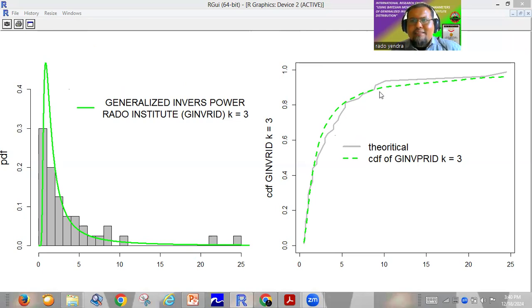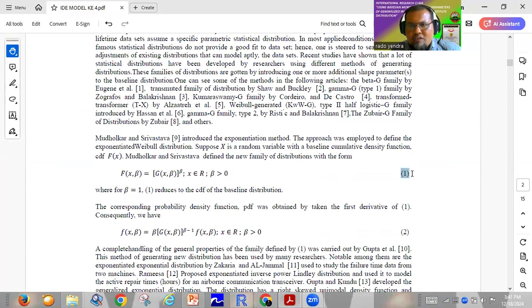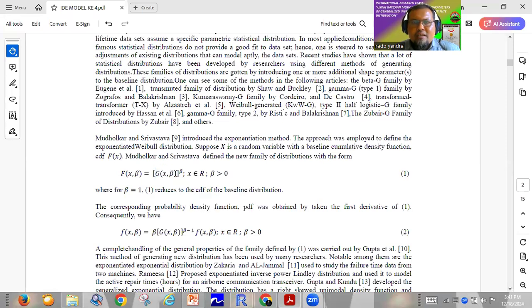The green one is the cumulative distribution function using the formula like in equation 1. Equation 1 is the cumulative distribution function. If we use G(x) here as the cumulative distribution function of the inverse power Rado Institute distribution, we will create the cumulative distribution function of the generalized inverse power Rado Institute distribution.